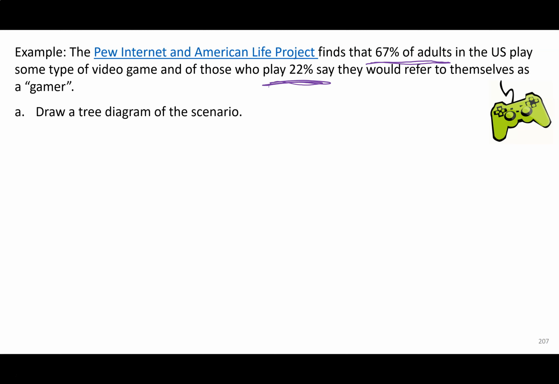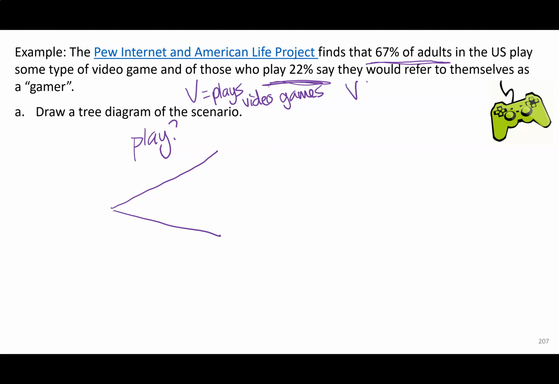So draw a tree diagram. So for me, I'm going to ask, what was asked first? So play. So I'm going to say V is plays video games. And then V complement doesn't play.